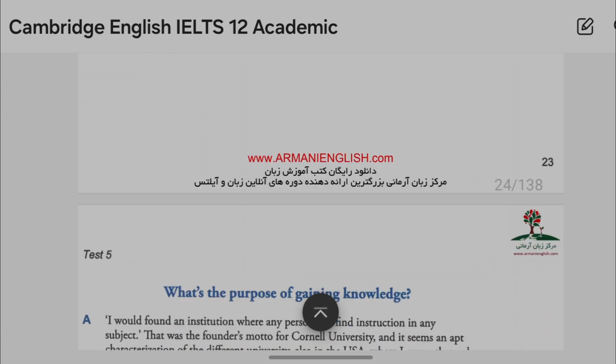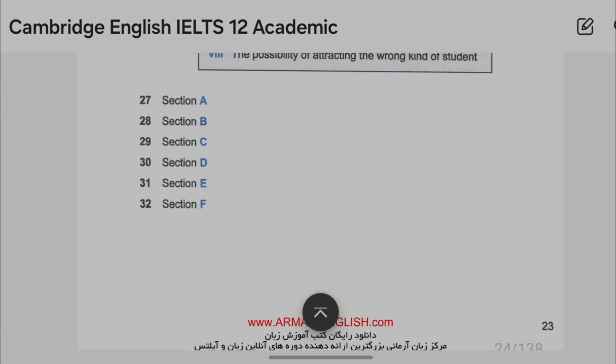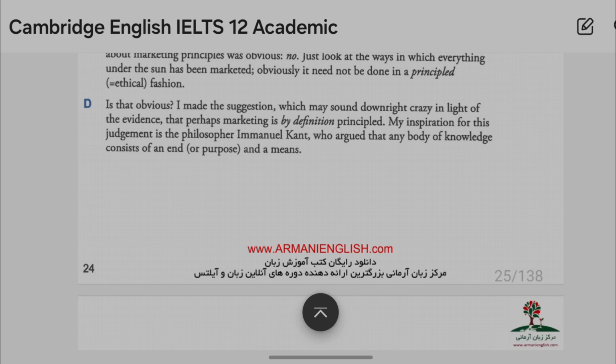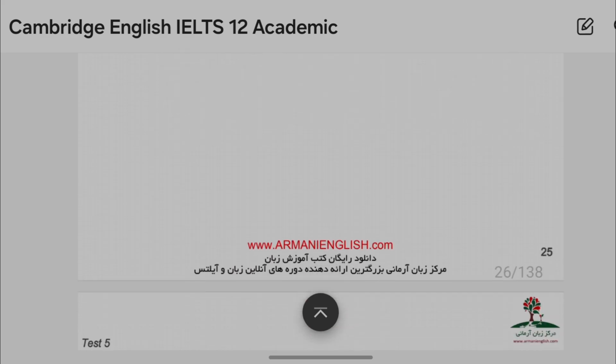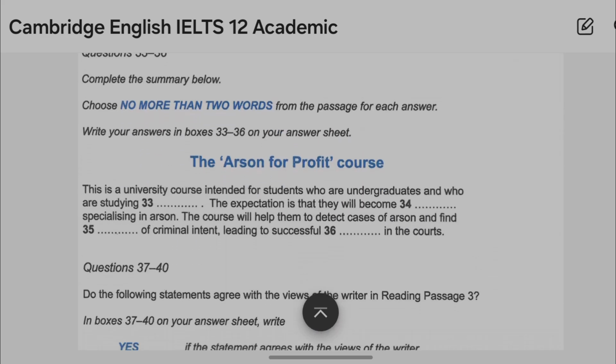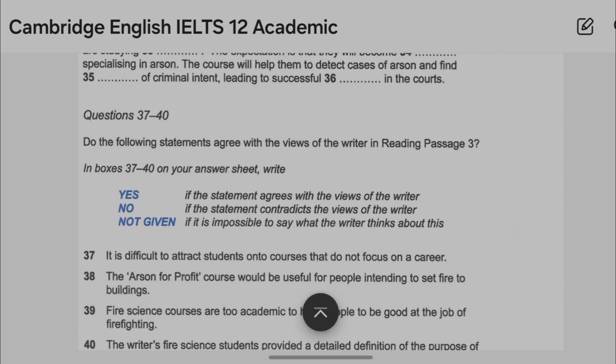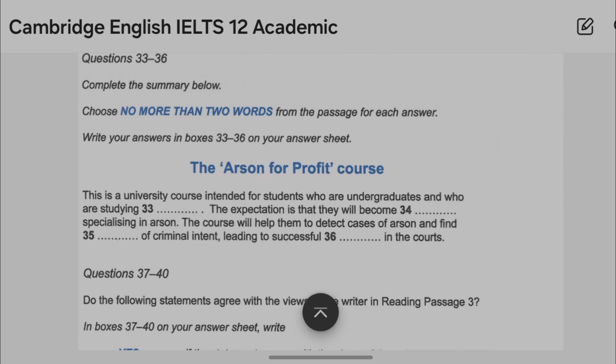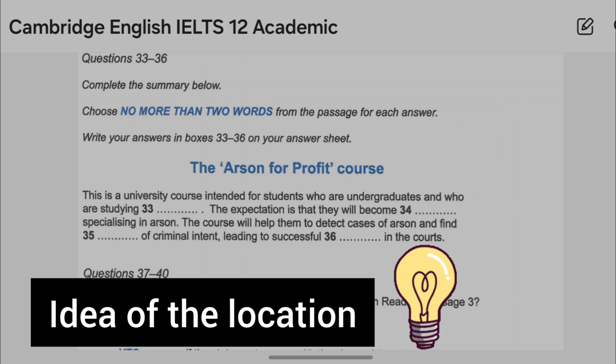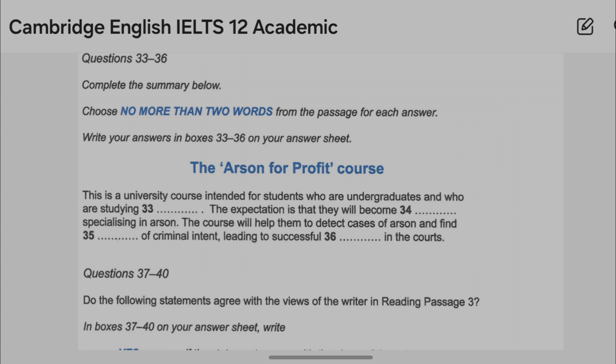While answering these questions, you will read each and every section one by one, and when you have to do the other remaining questions, like summary type questions and yes and no questions, you will now have an idea of the location because you have read the full passage. So it is beneficial for you. So take these types of questions positively rather than negatively.